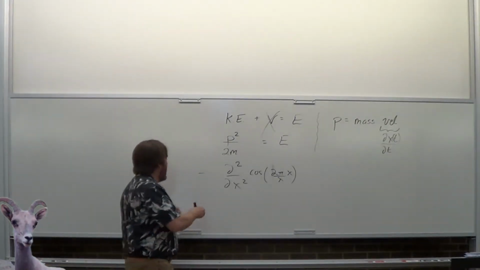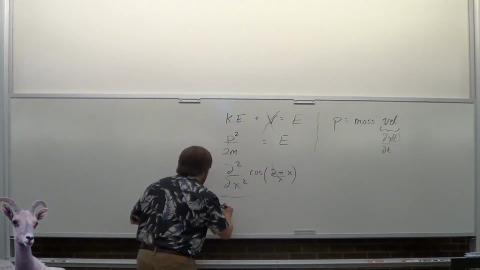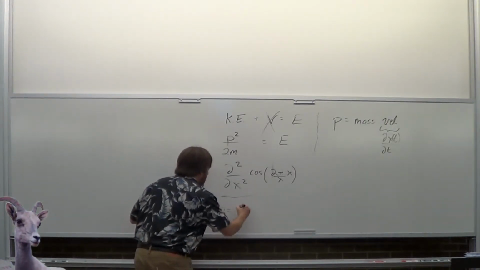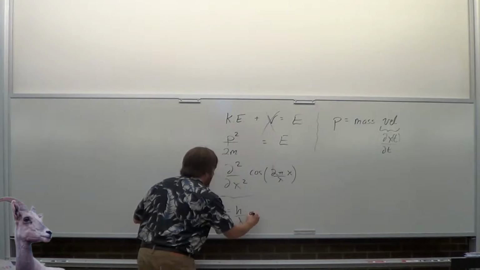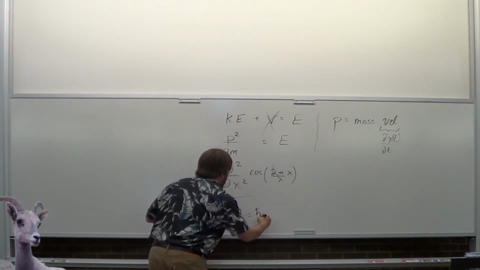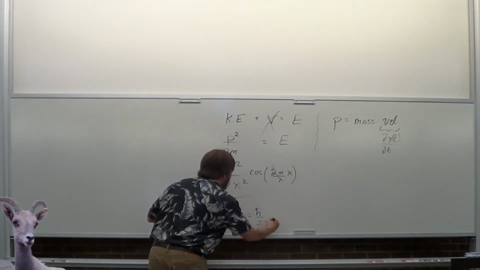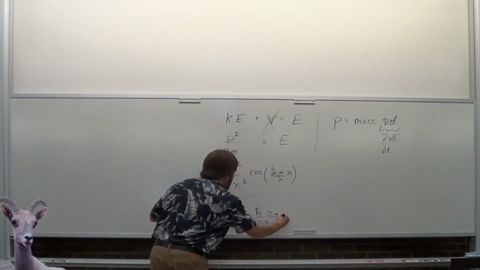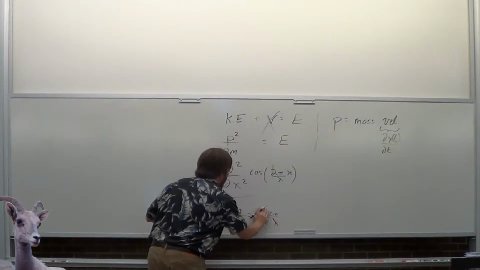Remember that the de Broglie relationship says that momentum is h over lambda, which is h bar times 2 pi over lambda.